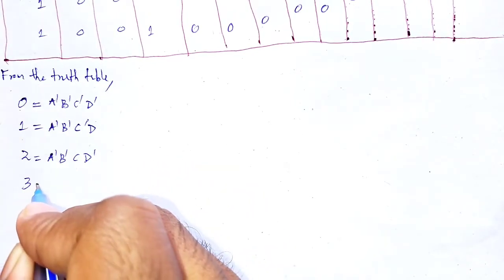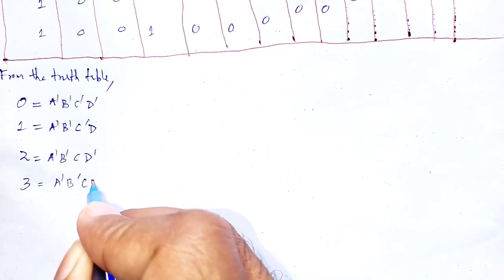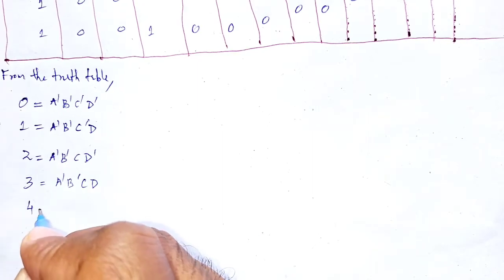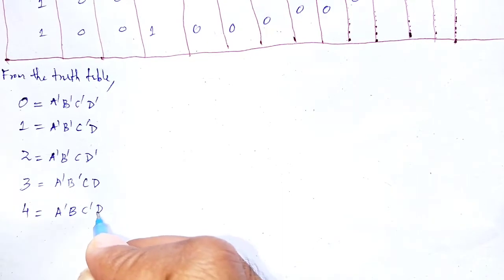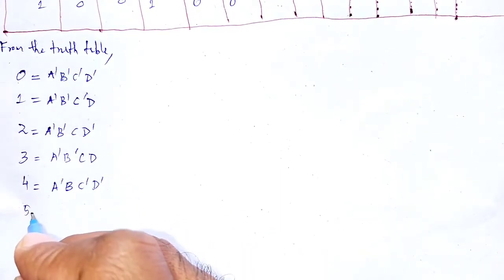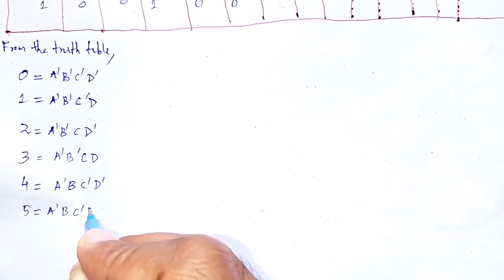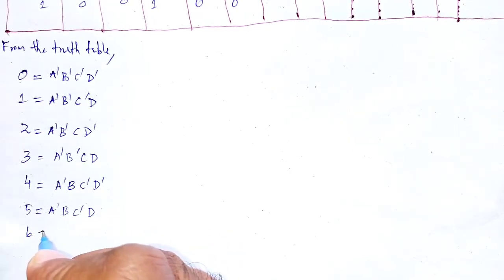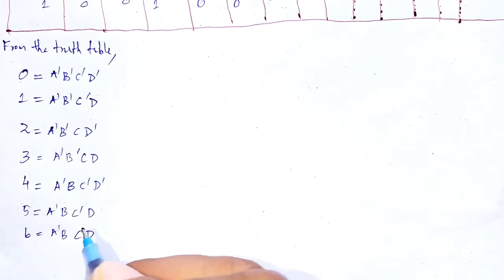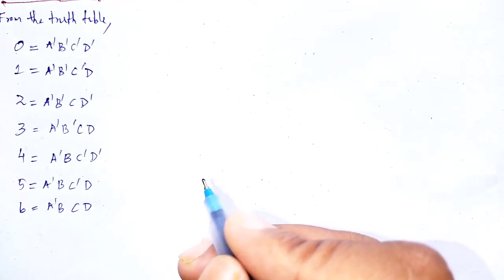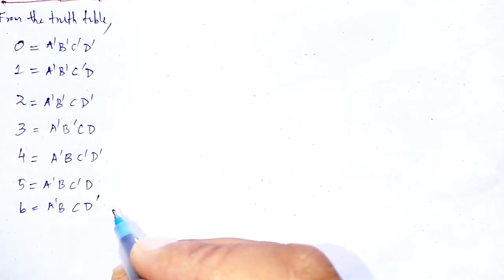Next for 3, A dash, B dash, C, D. Next for 4, A dash, B, C dash, D dash. 5, A dash, B, C dash, D. For 6, A dash, B, C, D dash.